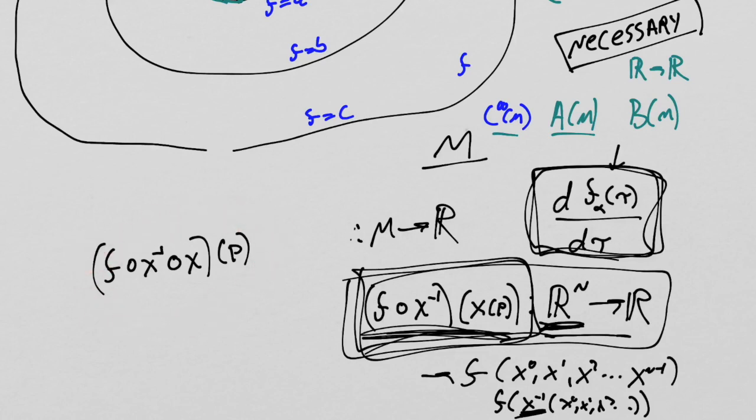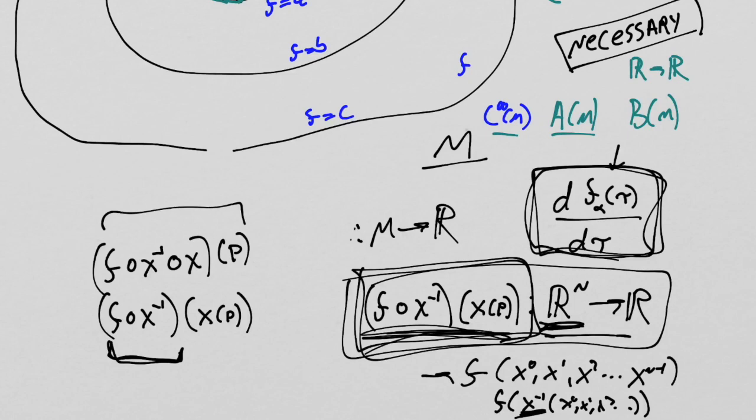The reason we want to write it as f after x inverse, which is a function acting on x of p, is because we want to show this is a function of the coordinates. But both of these are the same.